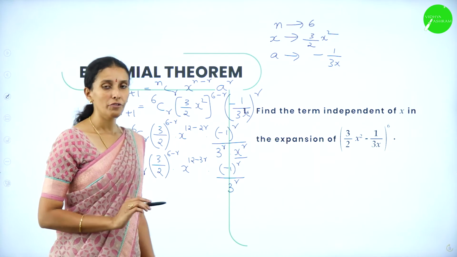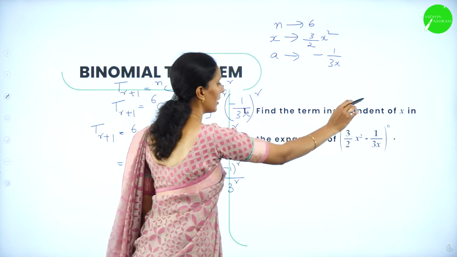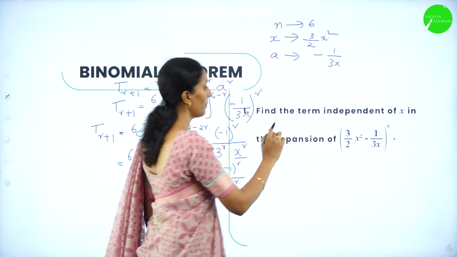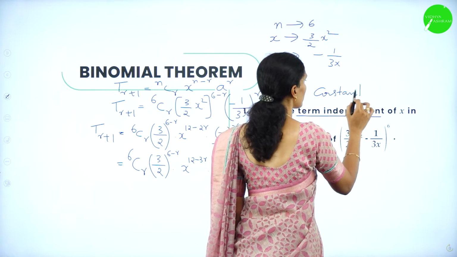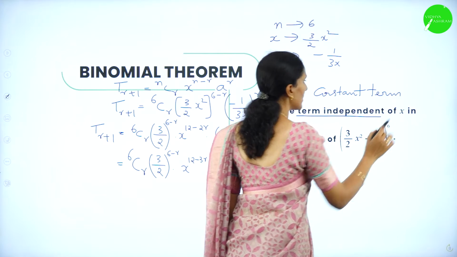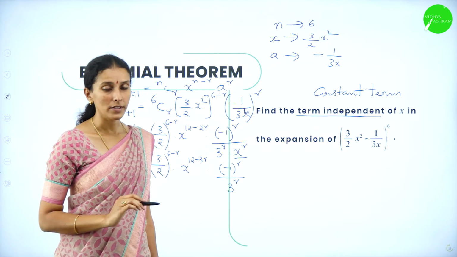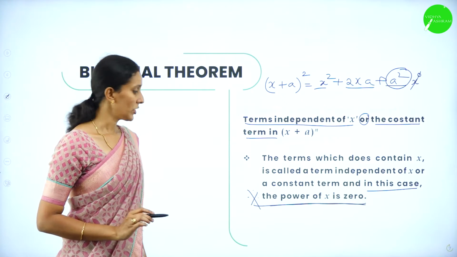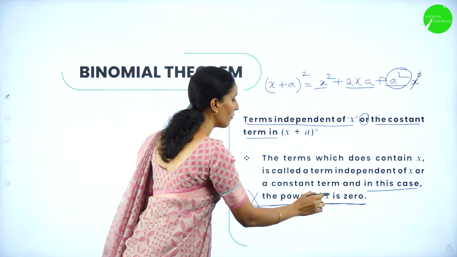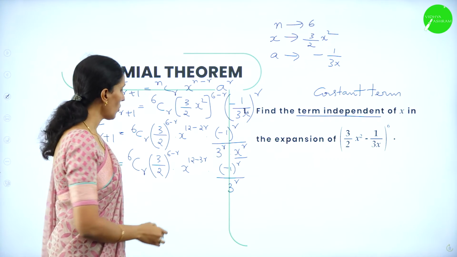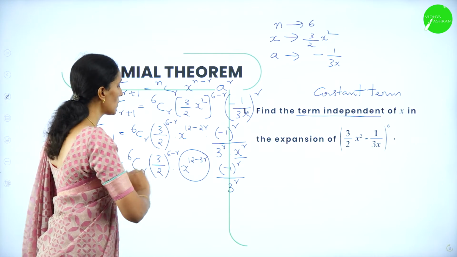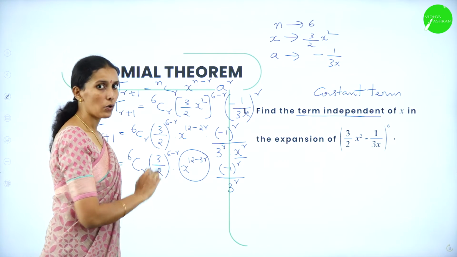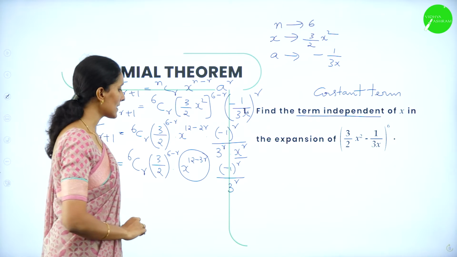Now, if I want to find the term independent of x, that is, the constant term, what is the condition? The condition is the power of x is 0. So, here the power of x must be 0. So, let me put the value of 12 - 3r as 0.